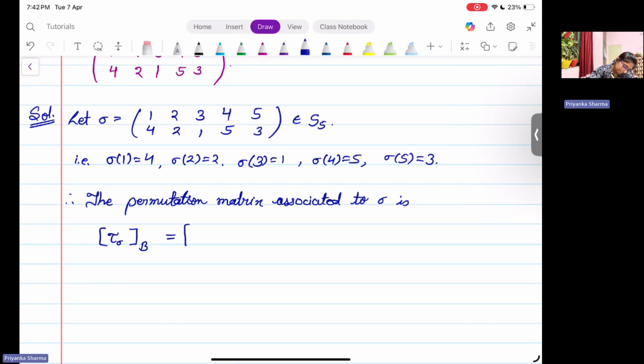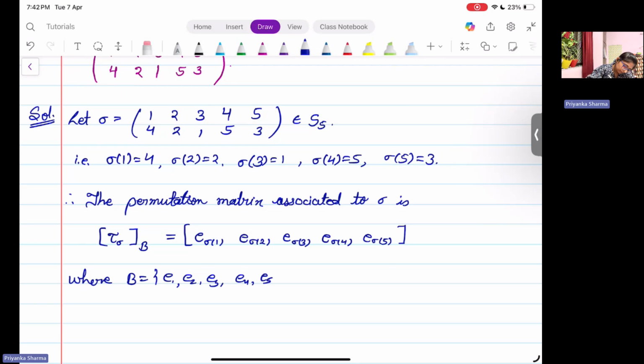Which is E of sigma 1, E of sigma 2, E of sigma 3, E of sigma 4, and E of sigma 5, where E1, E2, E3, E4, E5 is the standard basis of R5.